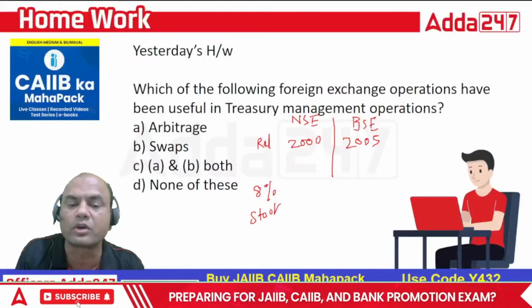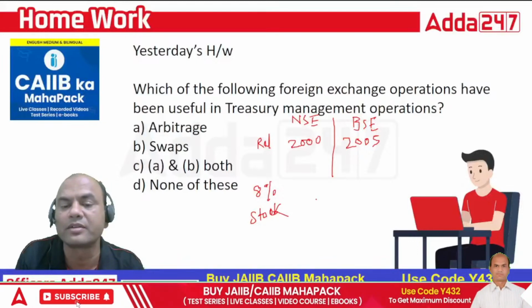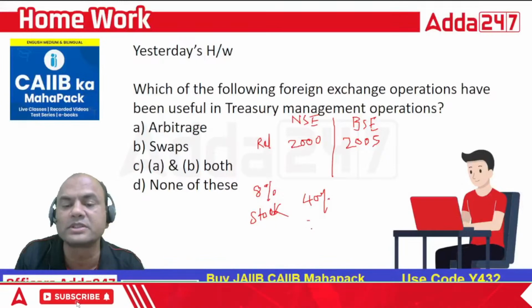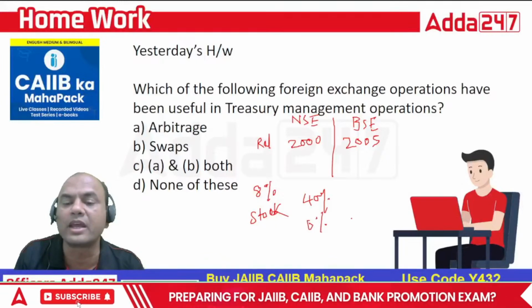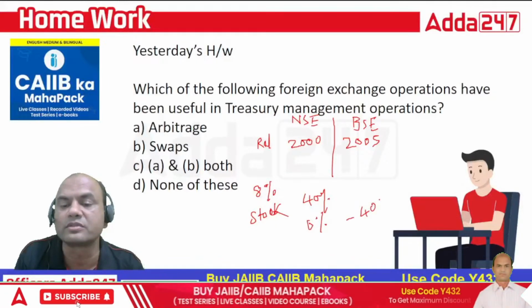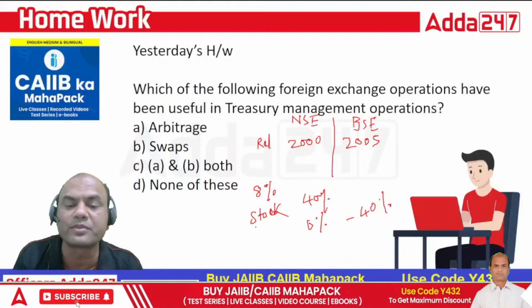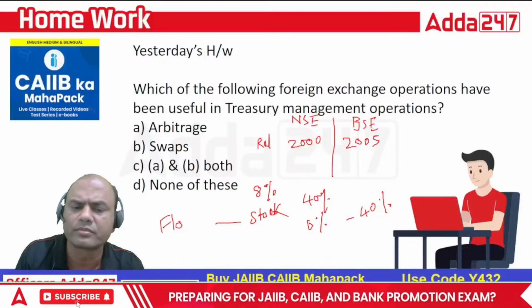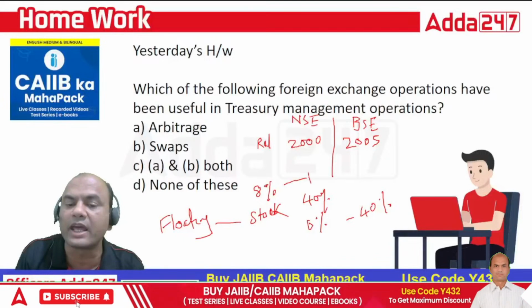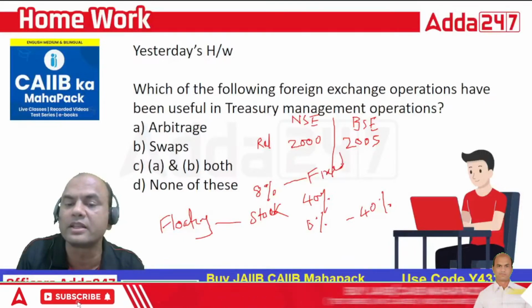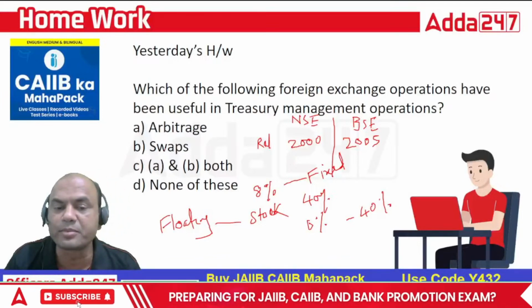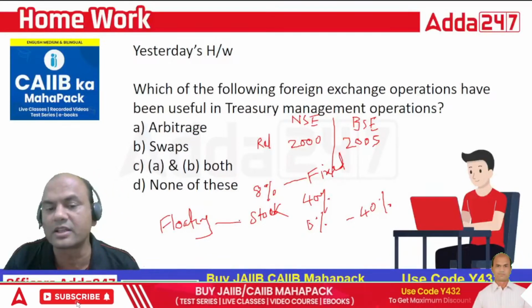If I invest in the stock market, I may get 40% returns, I may get 0% returns, I may get minus 40% returns. I may get anything. So this leg becomes floating, isn't it? And this becomes fixed. Whatever is guaranteed by me to somebody becomes a fixed leg. That's why remember, swaps have two legs: one is fixed, the other is floating.